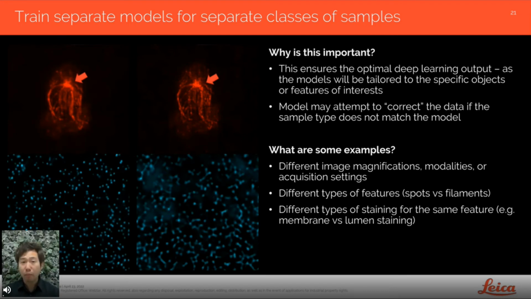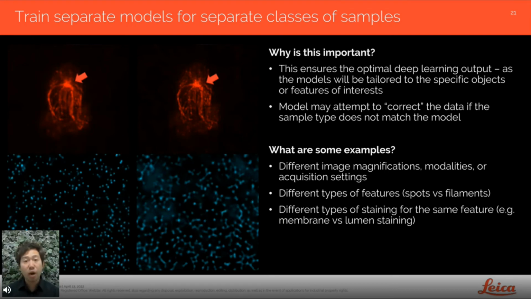What I like to point out when I talk about the difference between this slide and the previous slide is that in this case, we want to train separate models and not blend the data sets from different sample classes together. So let's say you have a raw data set for a wide field image and a ground truth data set for confocal, you can still train a model to transform the wide field images to confocal.